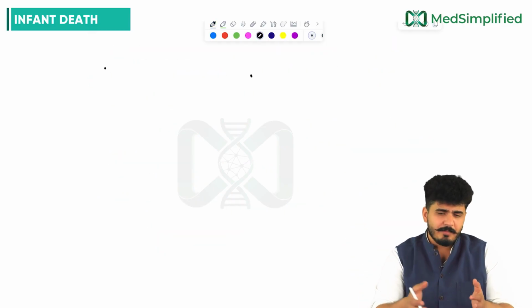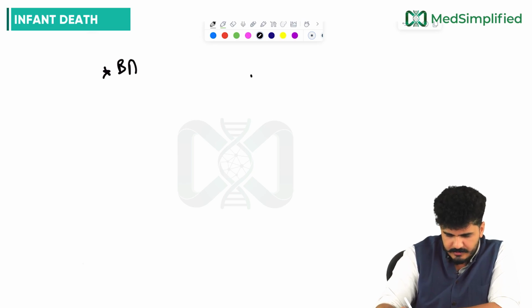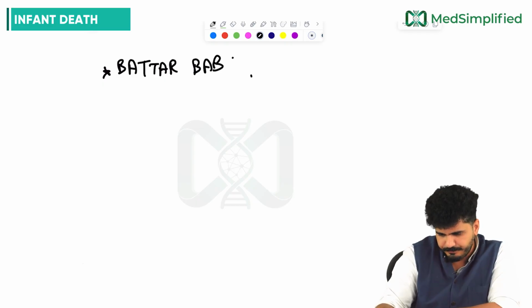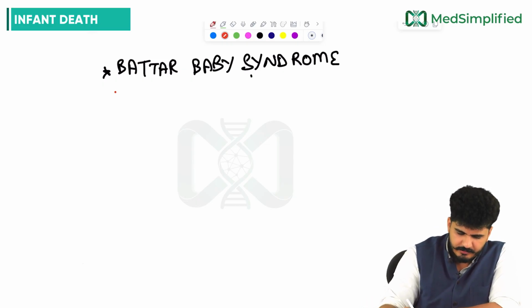The next topic in this chapter is Battered baby, a very famous topic, Battered baby syndrome. In Battered baby syndrome, you need to remember the salient features.